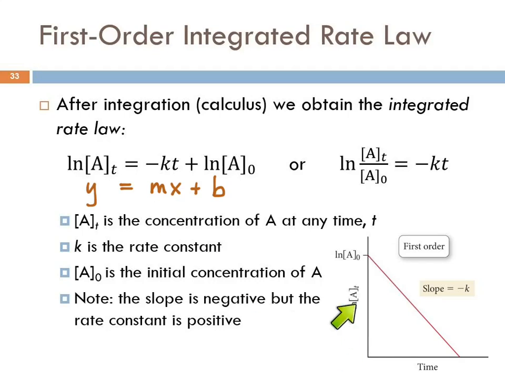So here we have the natural log of the concentration versus time. We're going to get a straight line, and the slope is equal to minus k. The intercept is equal to the natural log of the initial concentration.